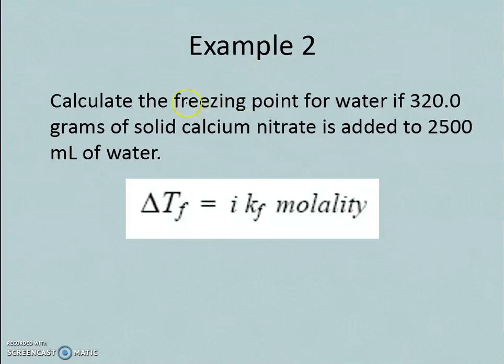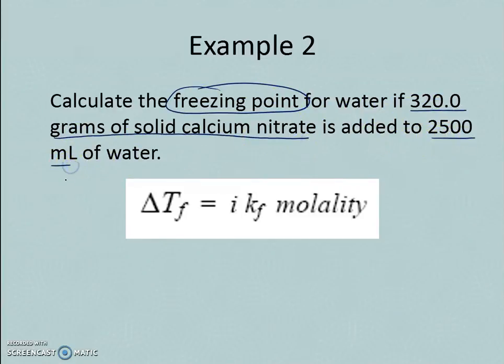All right, example number 2 says calculate the freezing point. Ooh, we're looking for freezing point now. For water, if 320 grams of solid calcium nitrate is added to 2,500 milliliters of water. Okay, so we've got to find our delta T. We need our i, we need our Kf, and we need our molality. Our i value we get from the dissociation of calcium nitrate.